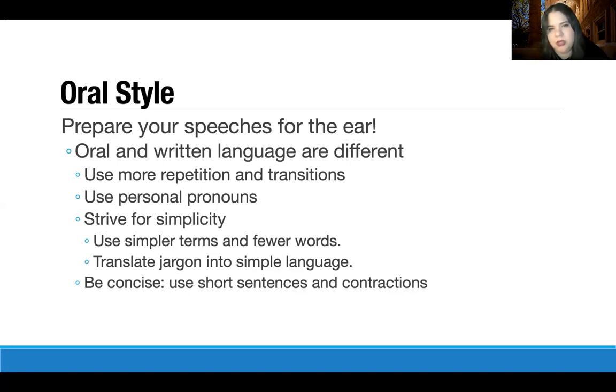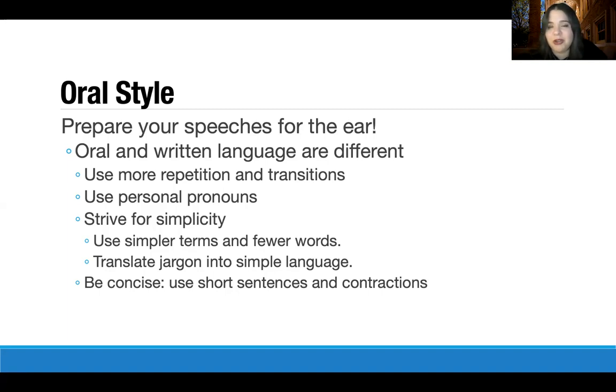They don't have the speech in front of them. They can't flip back to page one and say, what did he say about that? What did she say about that? What were they talking about when they defined this word? So that's why we have to repeat things. If they miss it the first time, we need to repeat it so that they get it the second time.